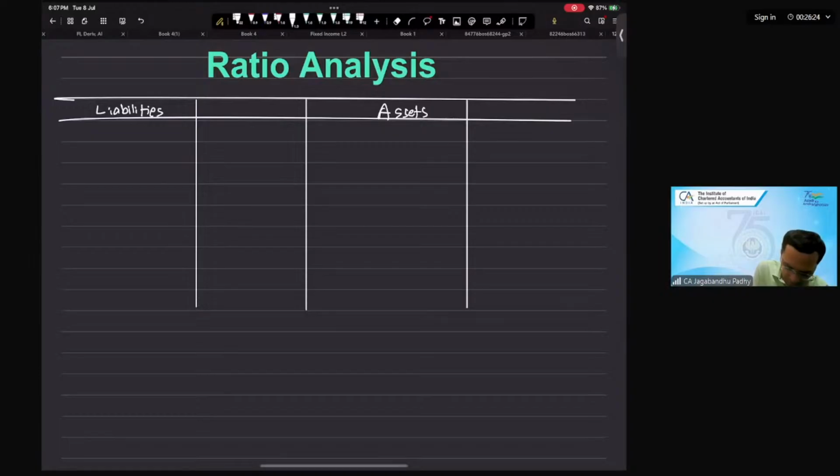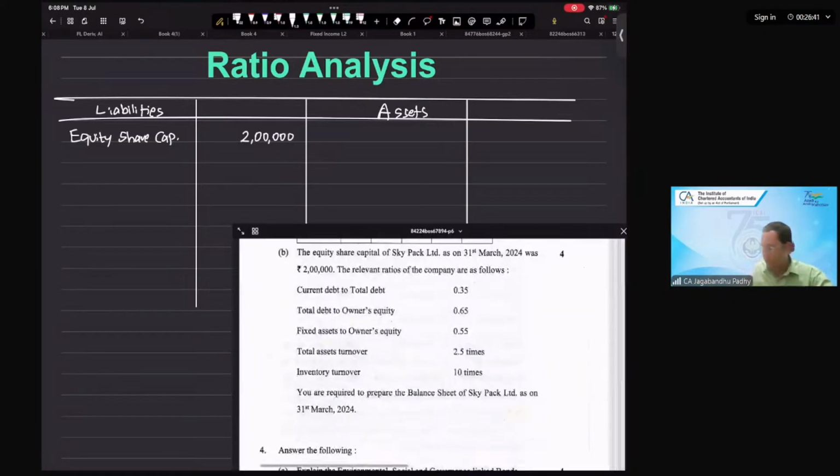So let's put that entry over here. We have equity share capital of 2 lakh, right? Equity share capital of 2 lakh.